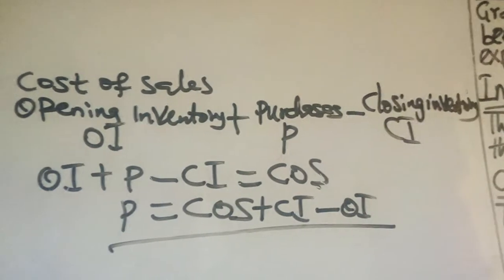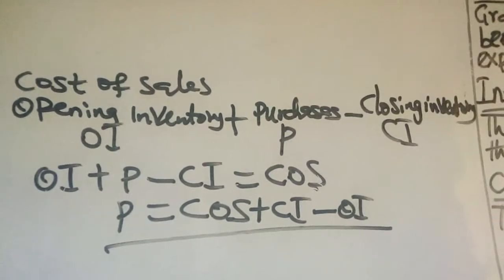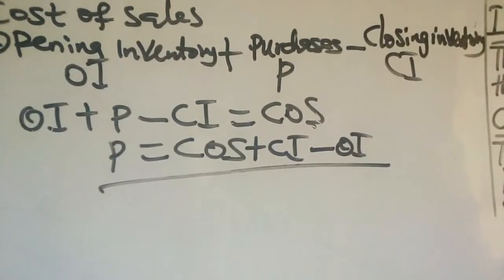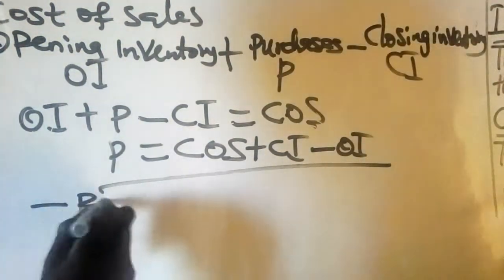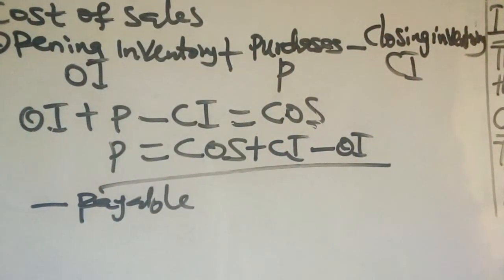Then aside from purchases, for your payment to suppliers, you may have payable in your statement of financial position. Your payable will be there. I've told you that your trade payable you may have in your opening statement of financial position and the closing statement of financial position. So take note of that.